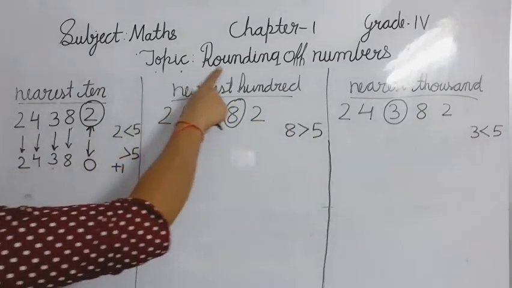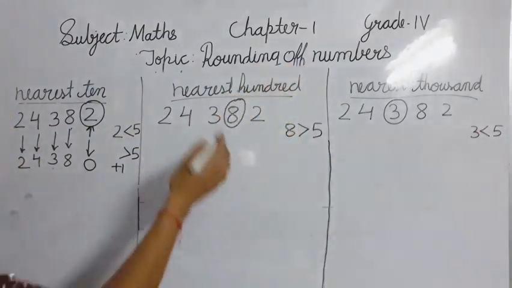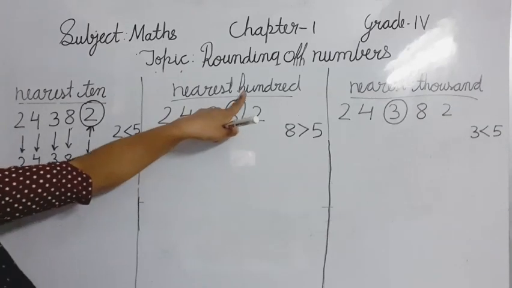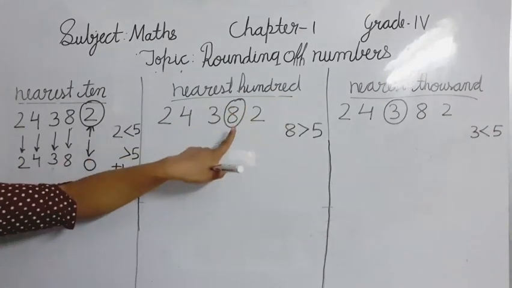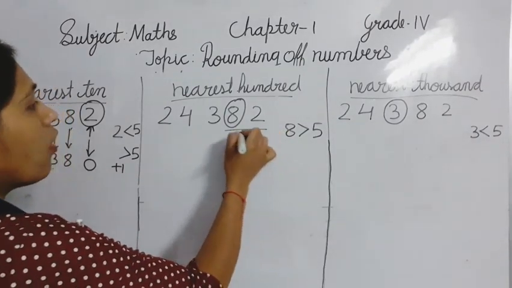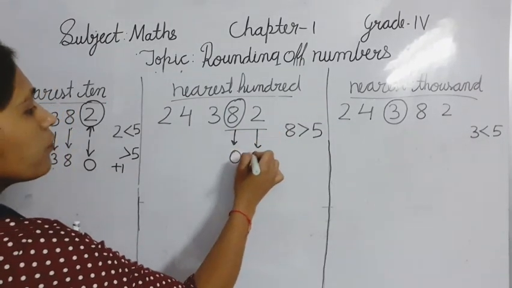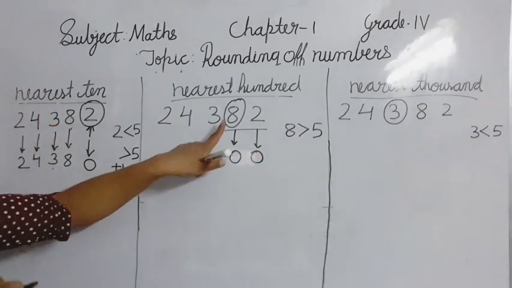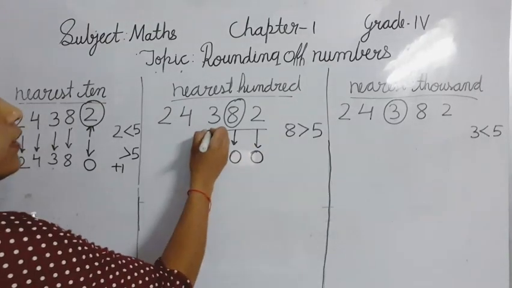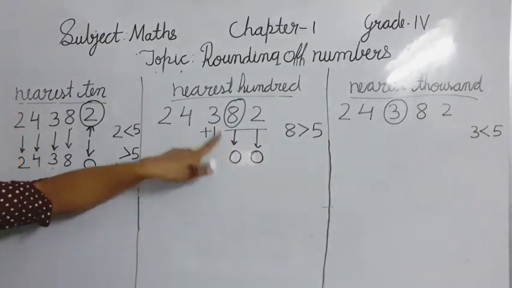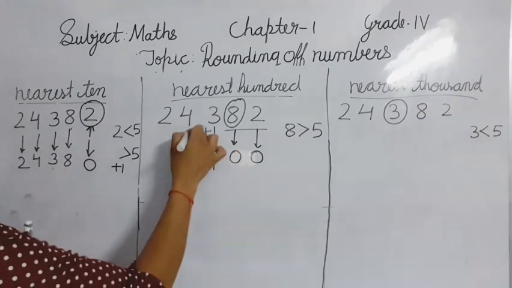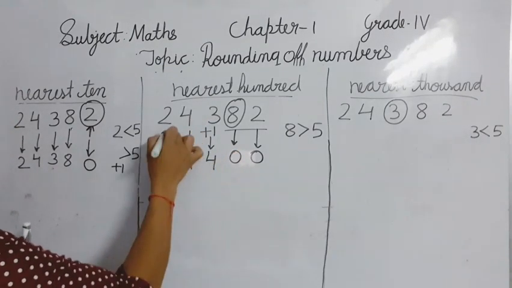If you have to round off nearest to the 100, this time you have to check the tens place, and till the tens place you have to convert all the digits into 0. Now check, it is 8, it is greater than 5, it means you have to add 1 to the next place, the 100 place. So 3 plus 1 will convert into 4, and the rest digits will be the same.